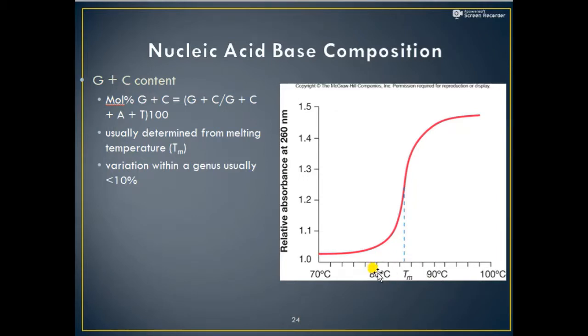And the absorbance of the DNA would also change. Now, what do you mean by absorbance of DNA? The DNA can absorb light at a specific wavelength. When you put light of about 260 nanometers, the absorption of that particular light is maximum for DNA. So you can measure that in a UV-based spectrophotometer.